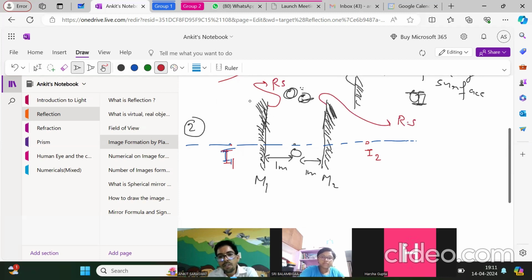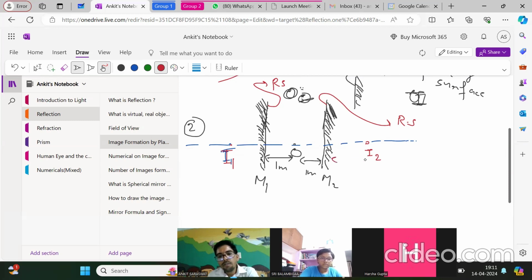Now tell me, for this mirror, this image is an object now. Why? Because this image is placed in front of the reflecting surface of M1. But this is not the object for M2 because this is behind M2. Clear? So for M1, this I2 is the object.